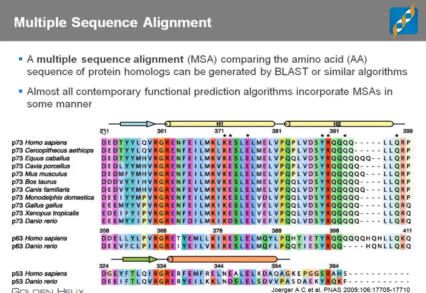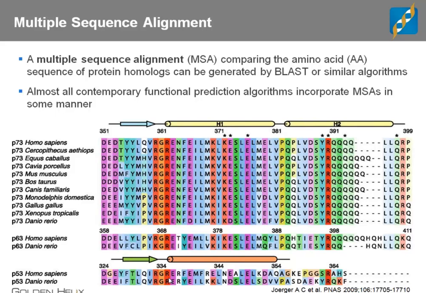And so what we're looking at here in this diagram is 3 different protein families, the P53, P63, and P73, that have high homology to each other. And you can see in the vertical columns how each amino acid is, in many cases, very similar, highly conserved. So we see this R, which I believe is arginine as the amino acid, is conserved throughout all of the proteins, all of the different homologs represented.